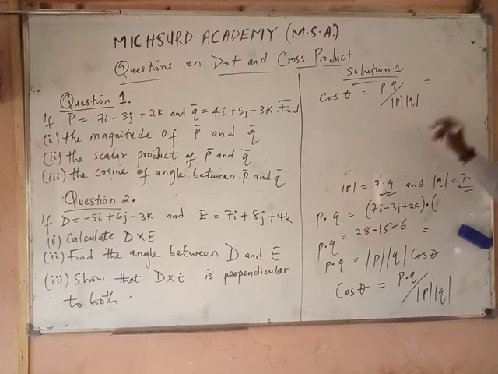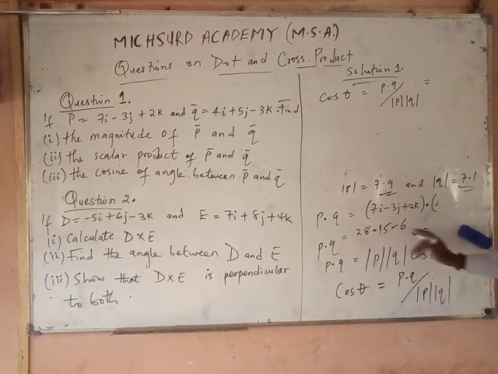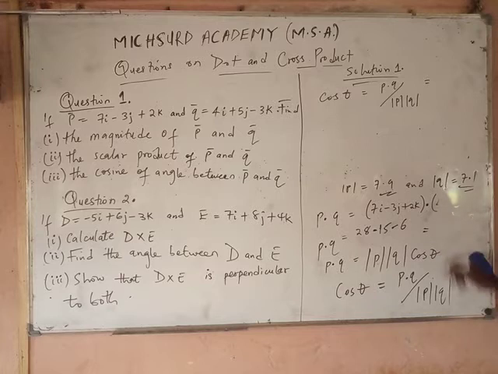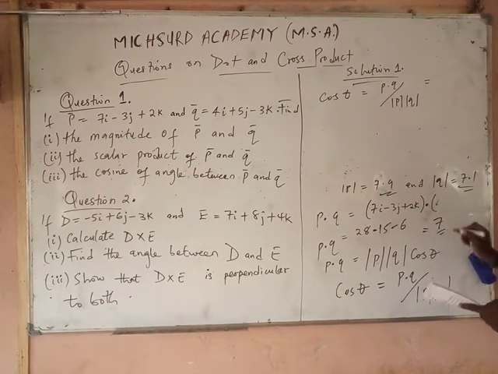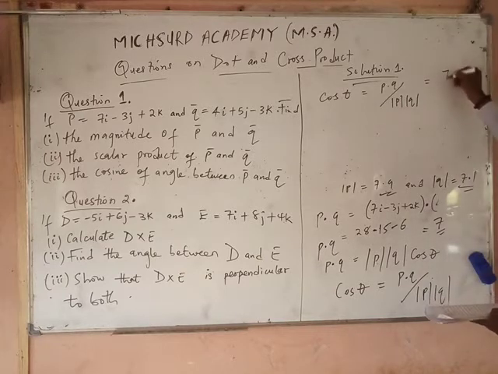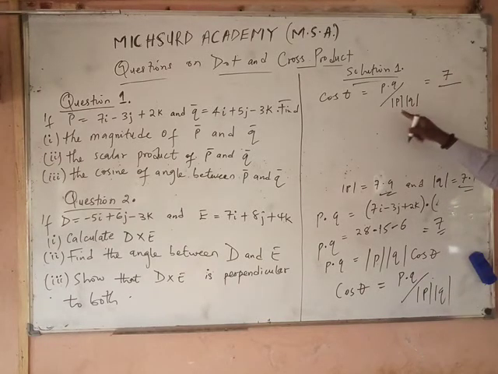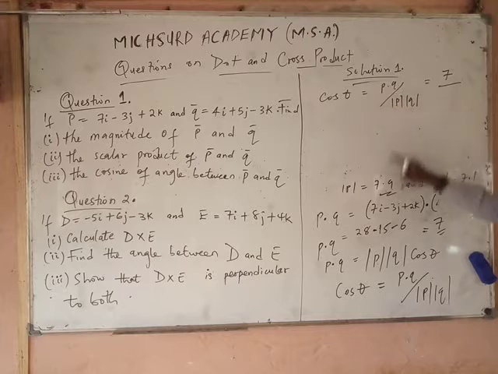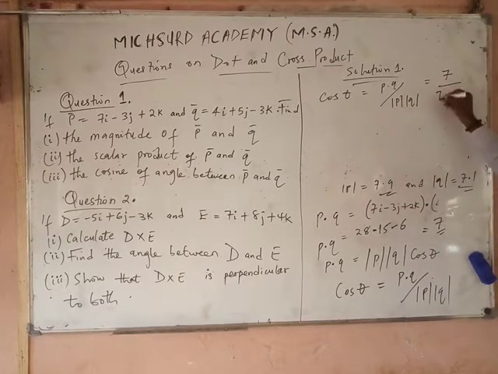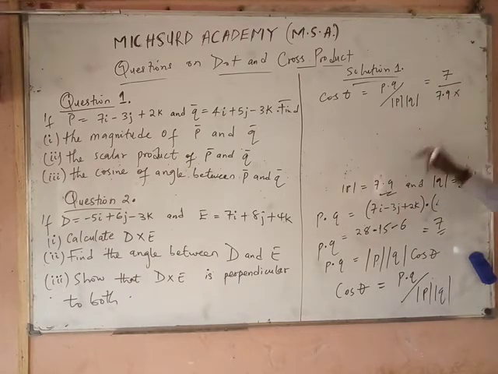We got p dot q to be equal to 7. So here will be 7 all over, the magnitude of p is equal to 7.9 times the magnitude of q, which is equal to 7.1. Are we together? Alright, good.